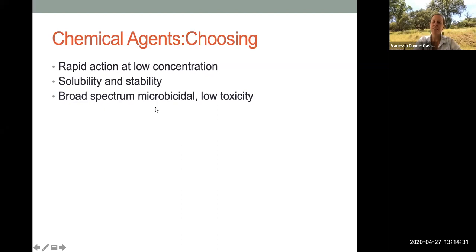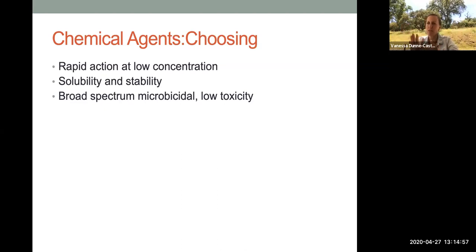That means you're not just halting the metabolic activity. You want to actually kill these things. And again, low toxicity means you want this to be non-toxic to the human, definitely toxic to the microbe, but not toxic to the human. And then broad spectrum, again, you want something to hit as many diverse types of microorganisms as possible, unless you know exactly the organism that you're trying to kill.